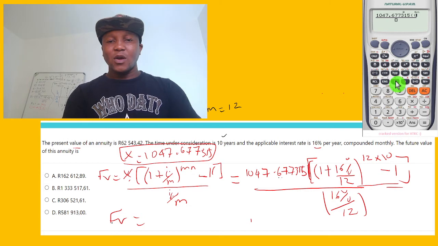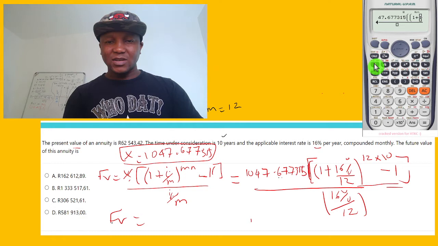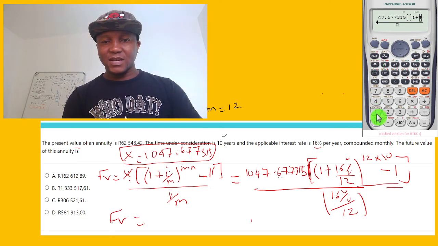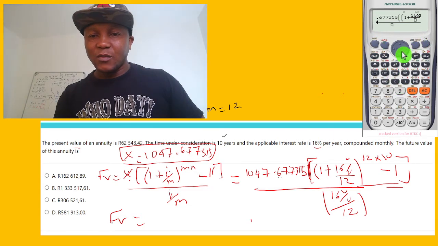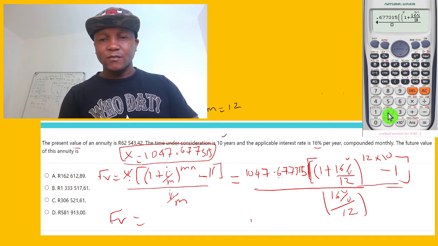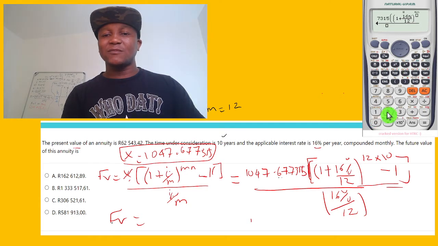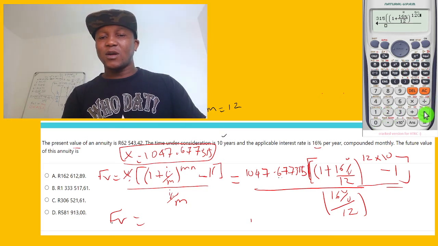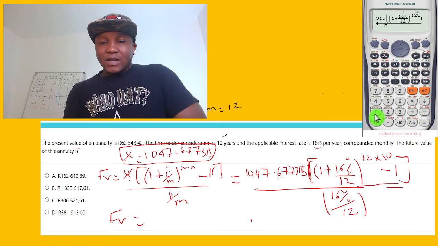We say 1 plus, and what is our interest rate? Our interest rate is 16%. And then we divide by how it's compounded. Monthly means 12. We're almost there. Then power 120, because it's going to be 10 times 12. And then minus 1.